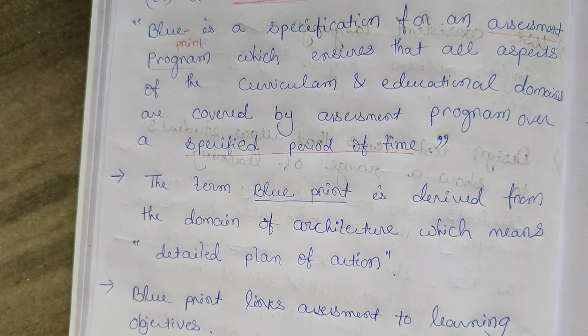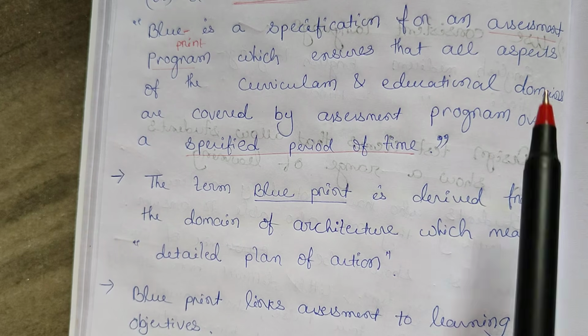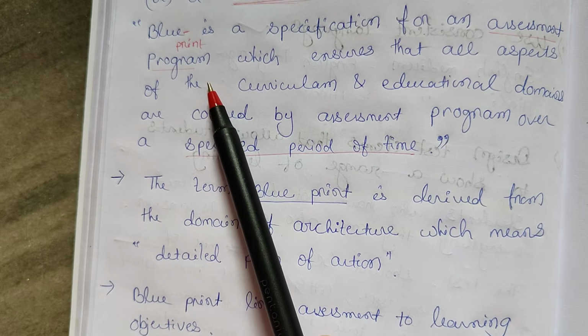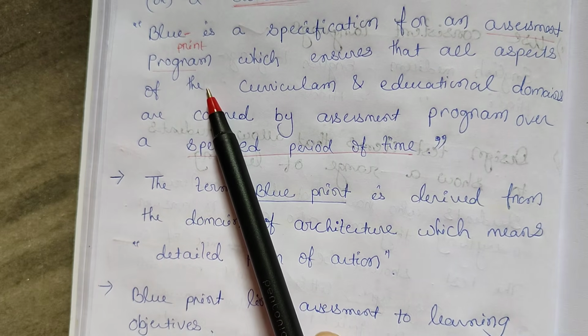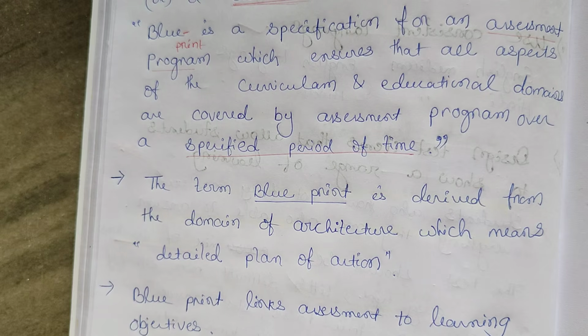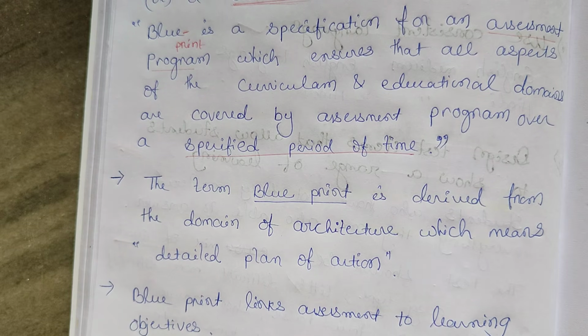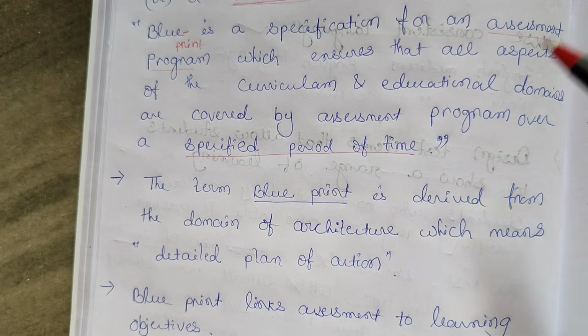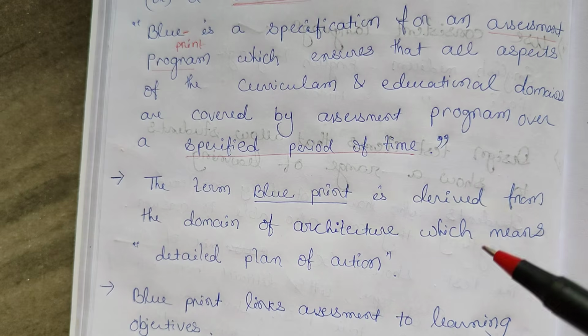Here it is a specification for an assessment program. See, when the year starts, जब year start होता है, you are planning, the teachers plan, right? This month this chapter will be completed, in this month two chapters will be completed, everything you are making a plan, a lesson plan, right?